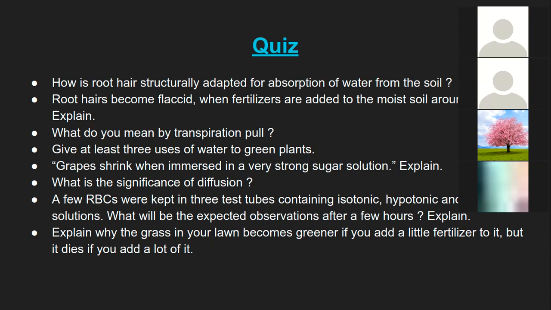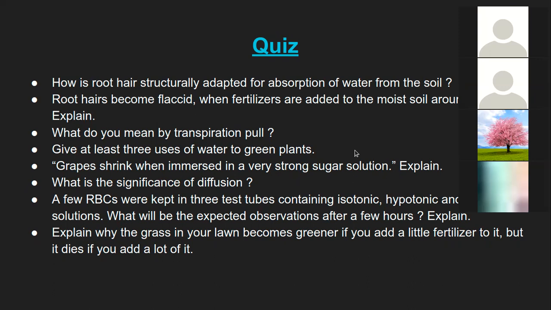So by osmosis, an osmotic pressure is developed and the water inside the grapes moves out, which is why it gets shrunken.